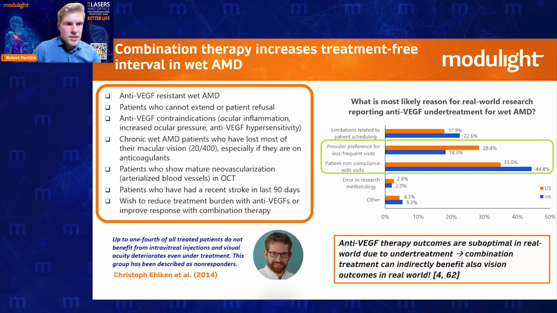There is significant clinical experience that a combination can lead up to 10 months, in some cases even years, of injection-free interval.